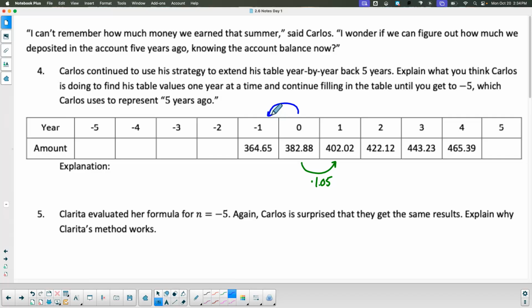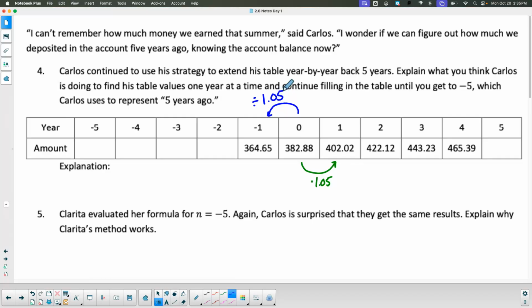Multiply by 0.05? I don't agree, because it's going to get really small. Divided by 1.05? We're in negative years because the story said that they started this account 5 years ago and forgot about it. He wants to go back and figure out the seed money for this account. So to go backwards, we're going to divide by 1.05.